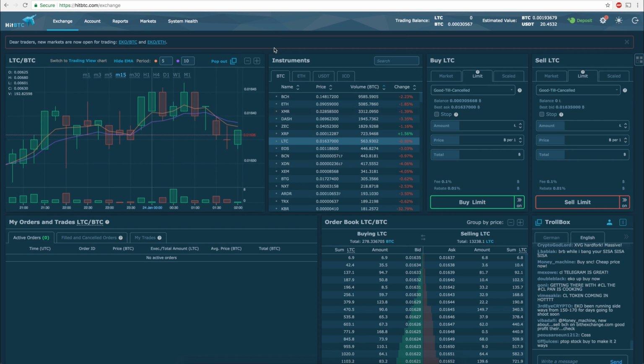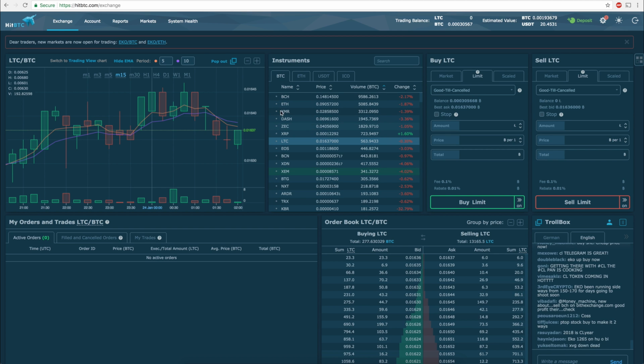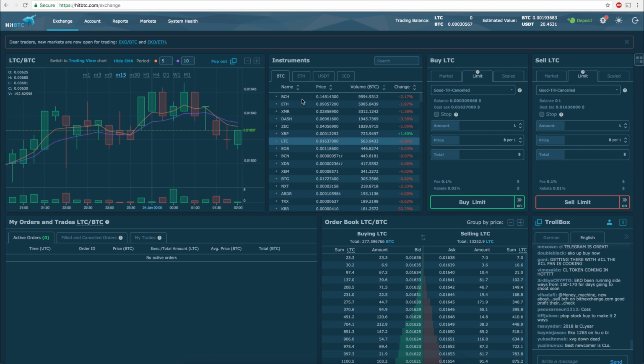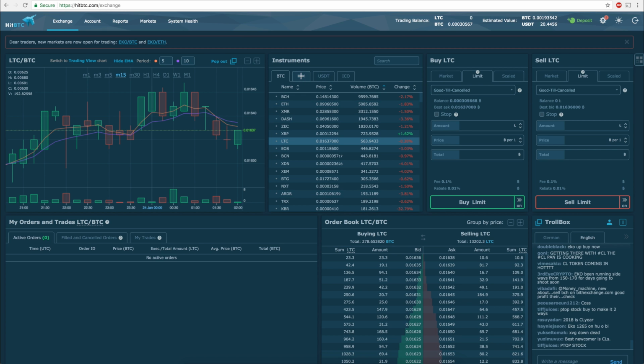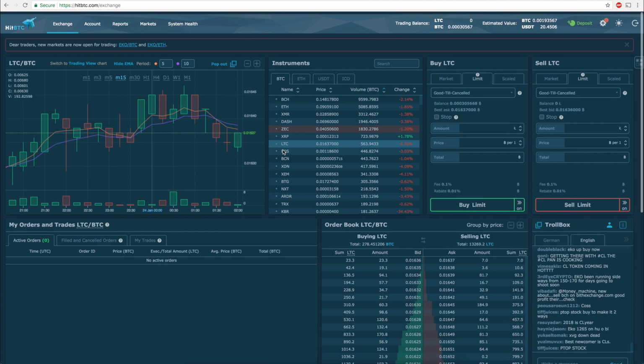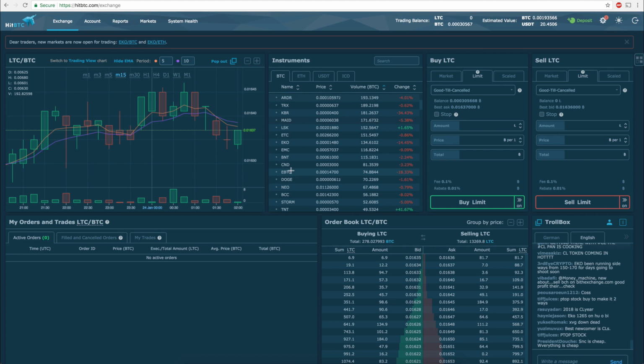So in the instruments, this is where you find all the pairs, and there's Bitcoin, Ethereum, USD, and ICO, and you can really see between all these different pairs that you can trade.